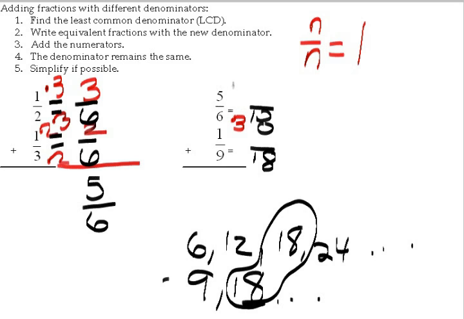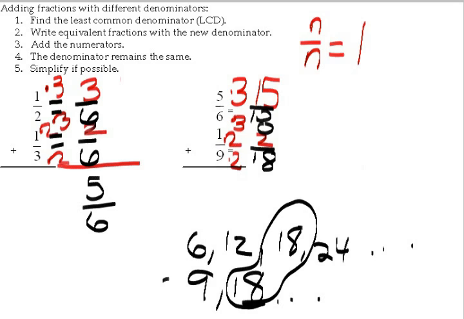So we have to also multiply by 3 on the top. 5 times 3 is 15. What we're doing here, again, is multiplying by 3 over 3, which is the same as the whole number 1. Going from 9 to 18, we're multiplying by 2. 9 times 2 is what gives us 18, so we have to do the same thing to the numerator. 1 times 2 is 2.